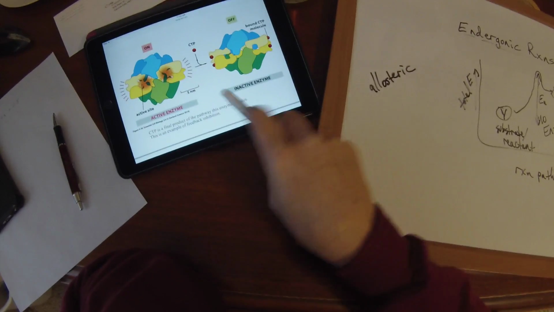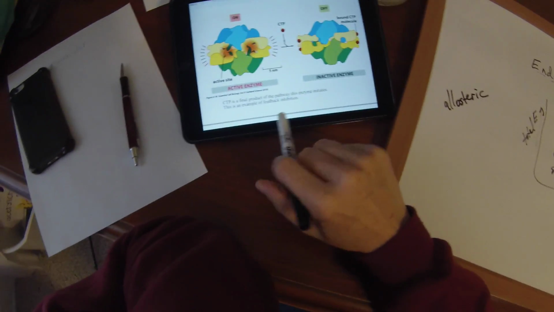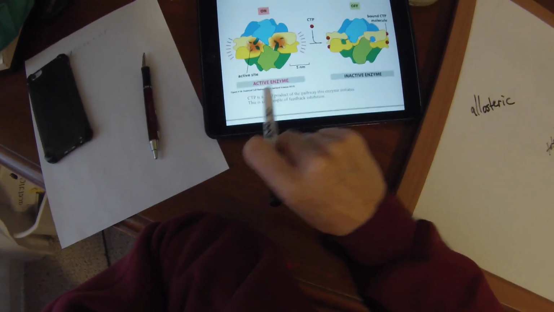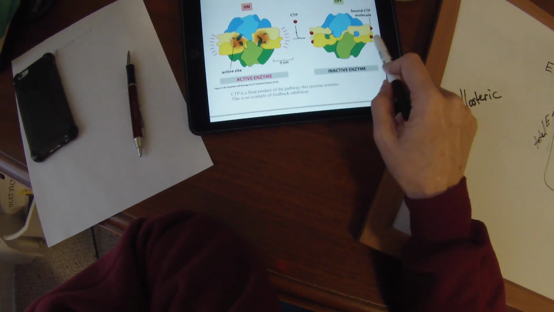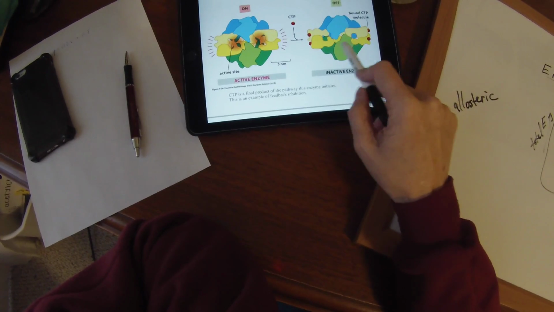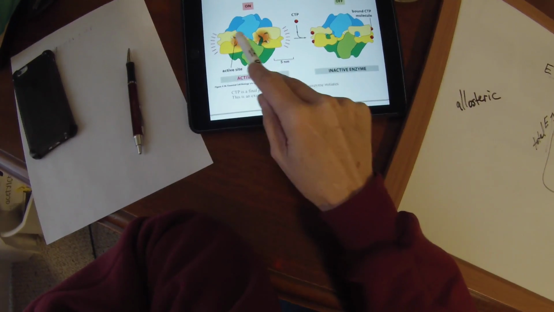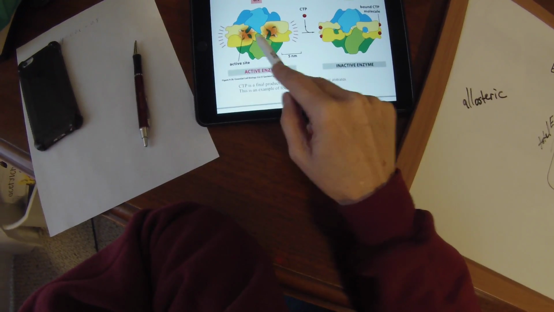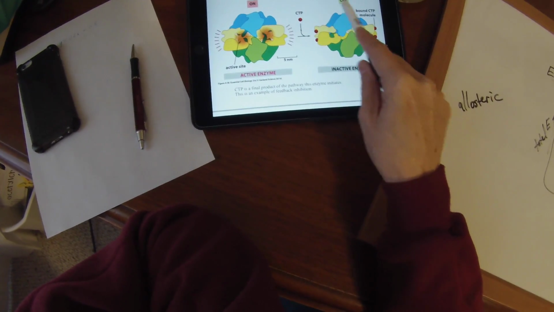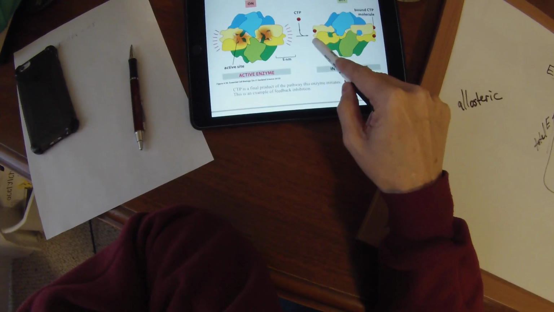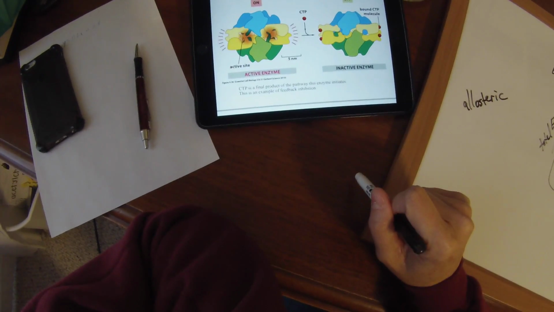A-L-L-O-S-T-E-R-I-C. Allosteric means away from the active site. So it's an indirect inhibition by the product binding to the enzyme away from the active site. It still changes the conformational shape of the active site in such a way that it can't bind substrate anymore. So this turns the enzyme off when our final product binds it.